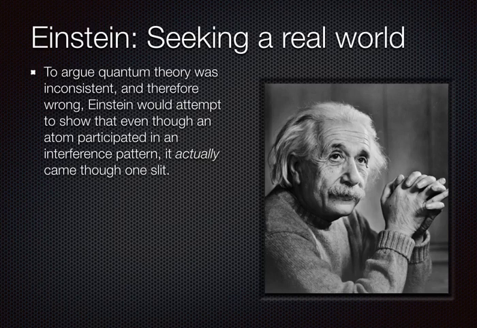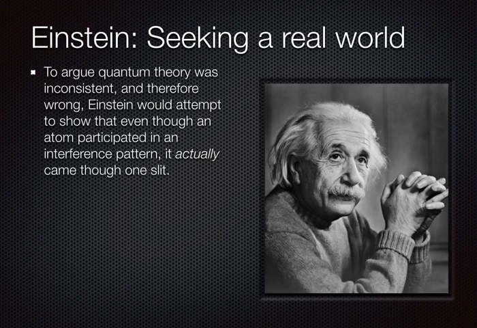So to argue quantum theory was inconsistent and therefore wrong, Einstein would attempt to show that even though an atom participated in an interference pattern, it actually came through one slit. When we see an interference pattern, we say, oh, then it's a wave, and it really came through both slits.